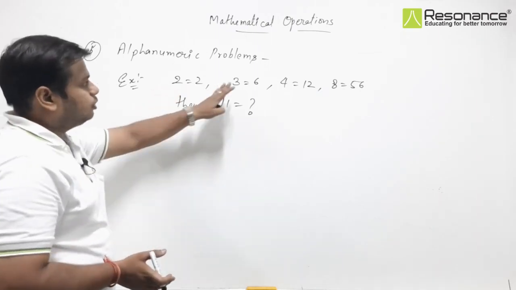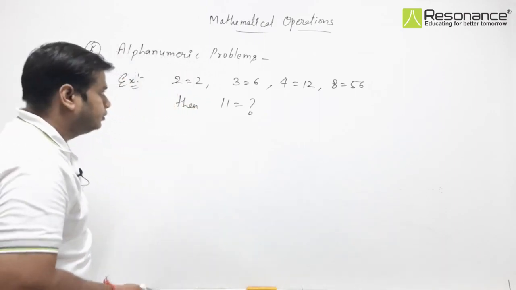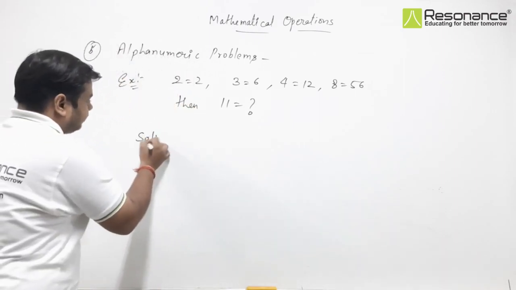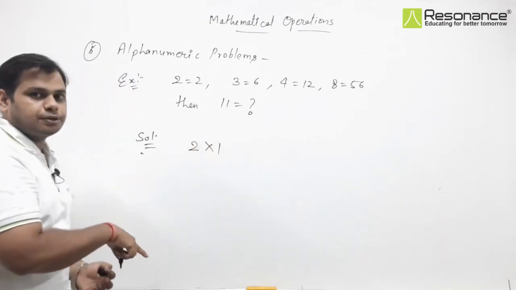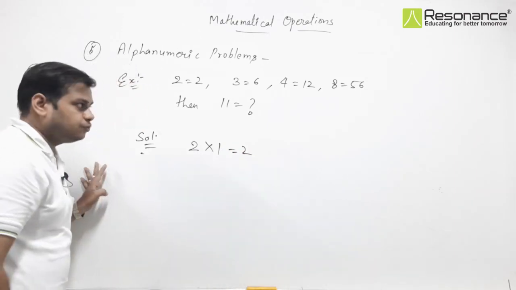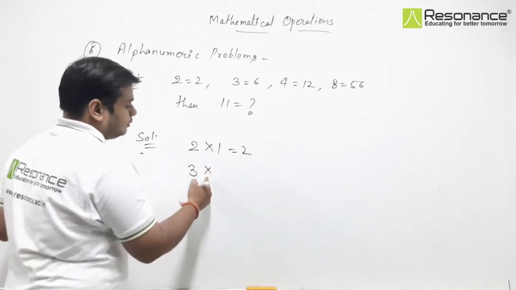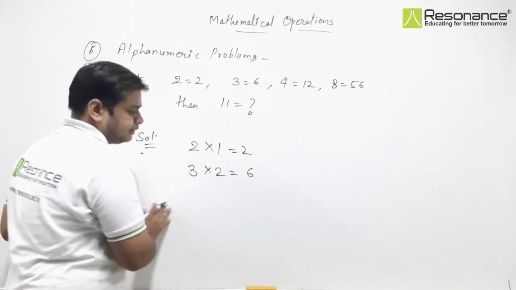How does 2 become 2, how does 3 become 6, how does 4 become 12, how does 8 become 56? We can see that if 2 is multiplied by its preceding number, it will give us 2. When 3 is multiplied by its preceding number 2, it will give us 6.